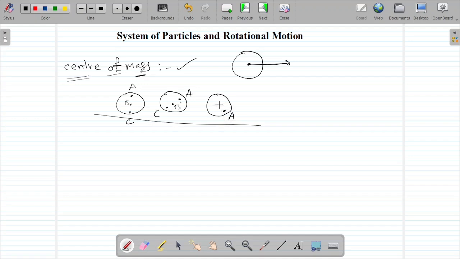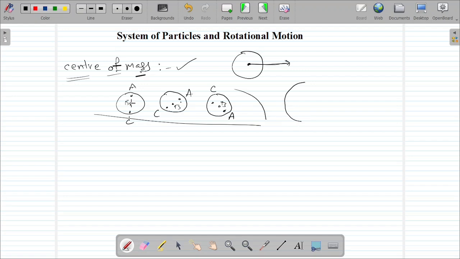Now it rolls again. Then the bottom comes to A, the middle will be B, the top will be C. Now A is at the top and is coming down. B is here, C is at the bottom and is going up.